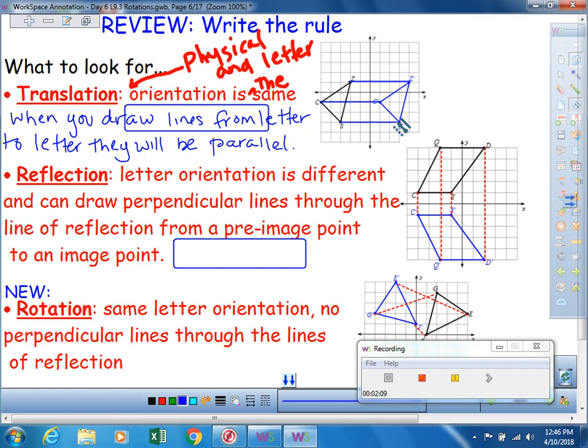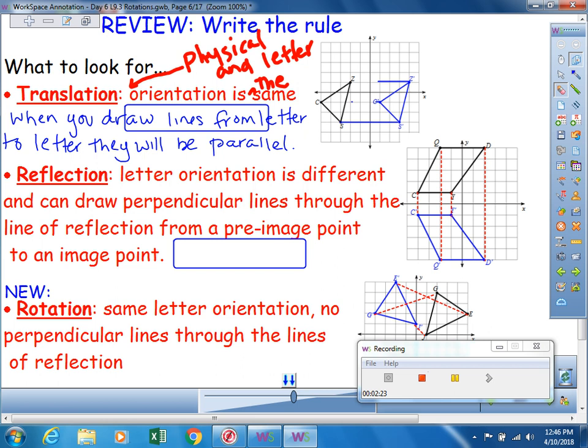It has to go from S to S prime, C to C prime. They will be parallel. So the letters are in the same order. You can draw parallel lines. Physical orientation is also the same. It's just a slide, right? Either a slide diagonal, right, left, up, down.